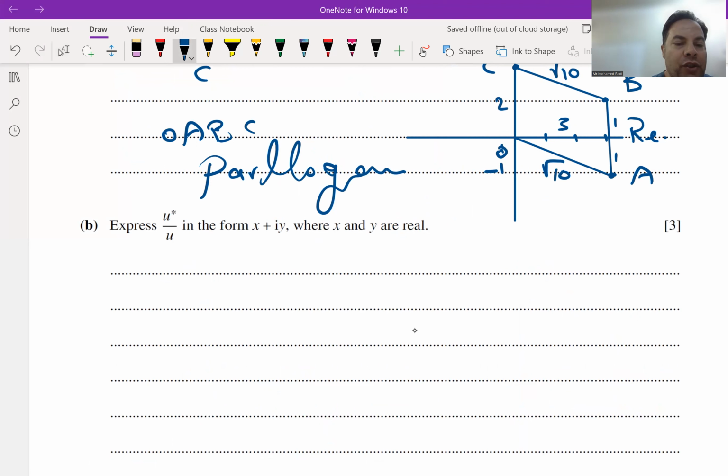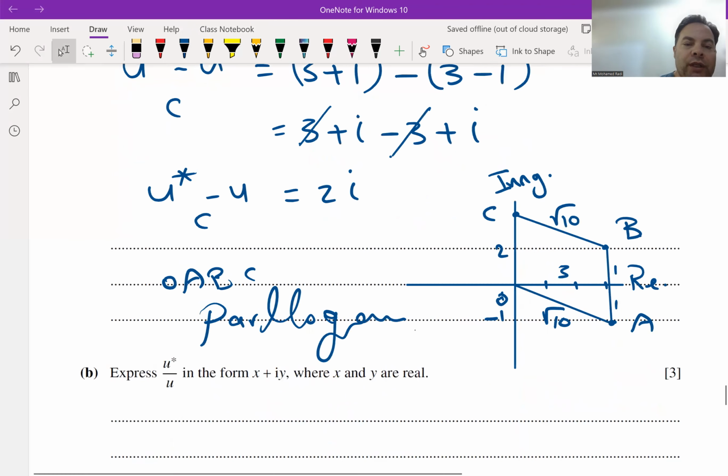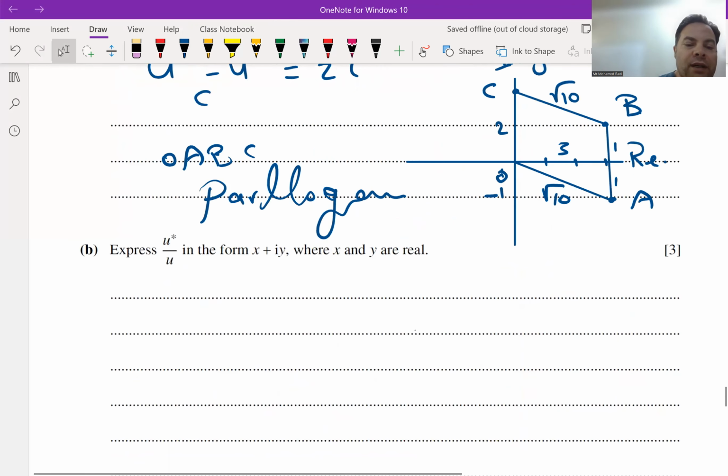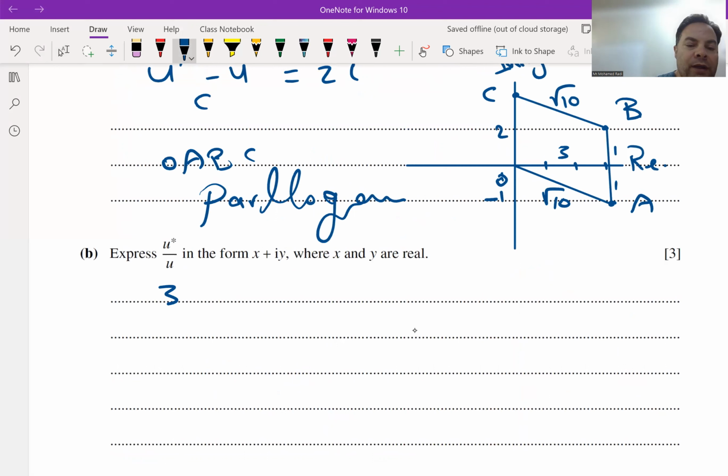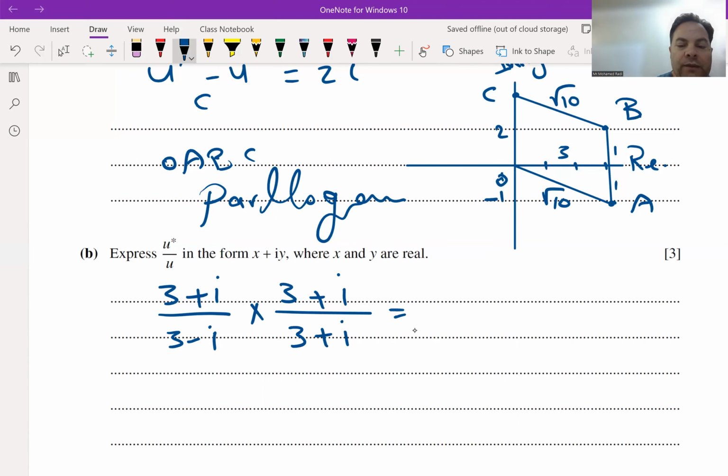Express u conjugate over u in the form x plus iy. u conjugate, which is 3 plus i, divided by u, 3 minus i. Now we'll start to rationalize. 3 plus i, 3 plus i, the conjugate of the denominator.